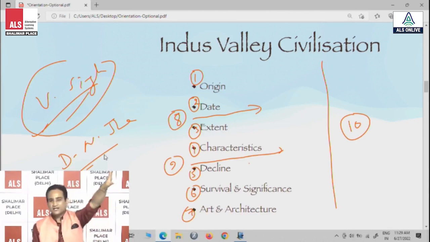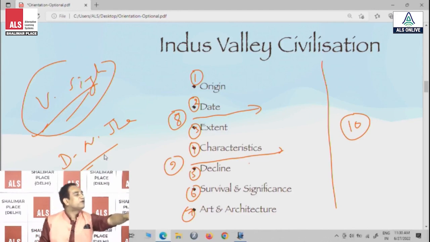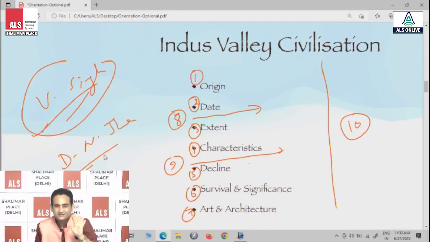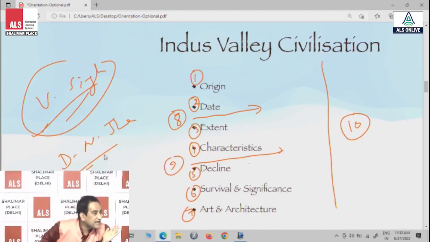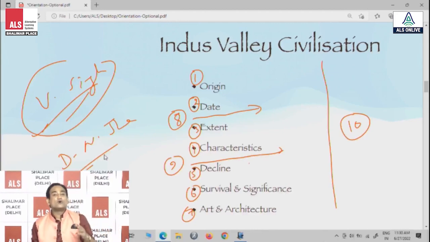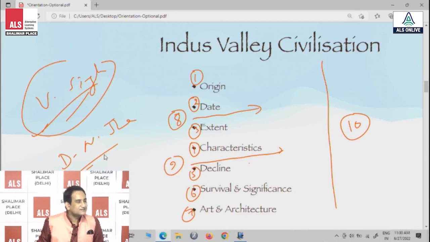Reading is okay, but you have to arrange that information according to the syllabus, I hope you are getting it, and according to the questions they have asked. This is called preparation. This is not study. Studying is different.